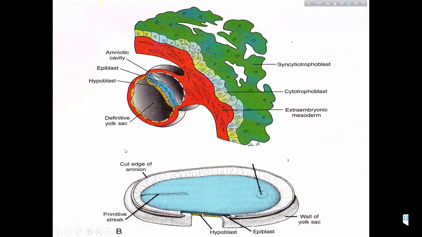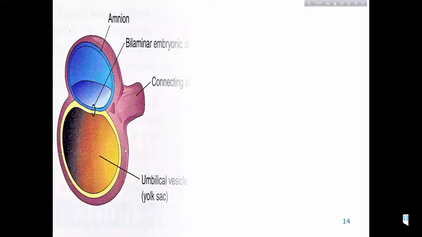Above is the amniotic cavity, and below is the yolk sac cavity. Look here, this is the primitive streak. It is a groove that appears on the dorsal and caudal aspect of the bilaminar embryonic disc.